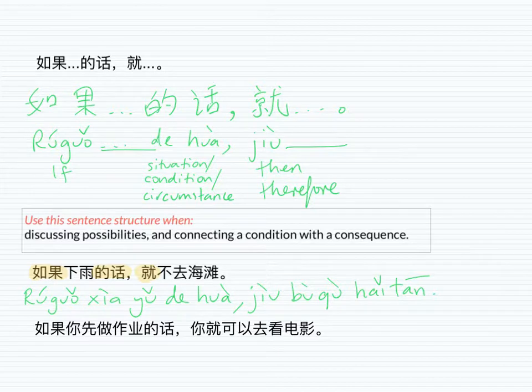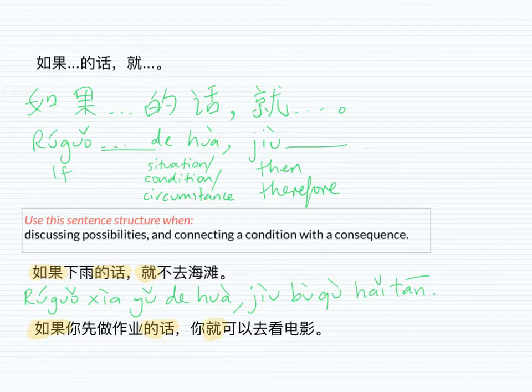And the second example sentence that we're going to look at is this one here, so I'll just let you read through. So what we have got here, 如果你先做作业的话你就可以去看电影.